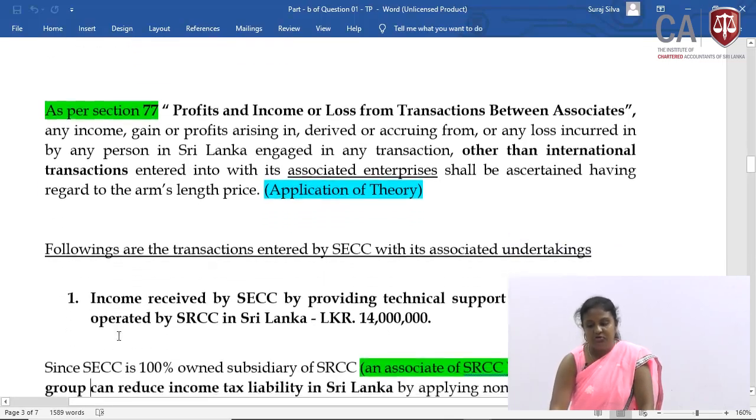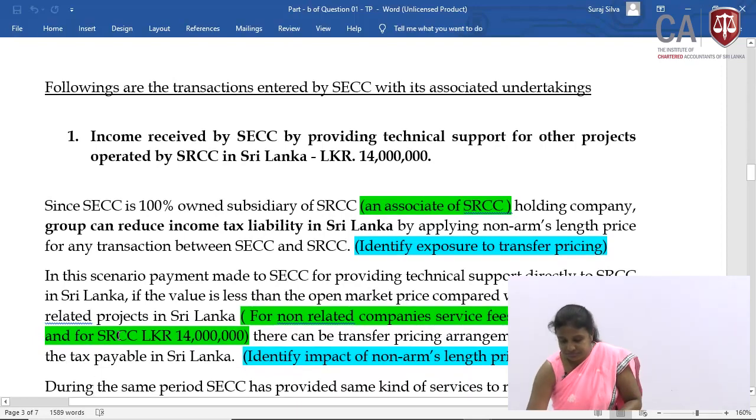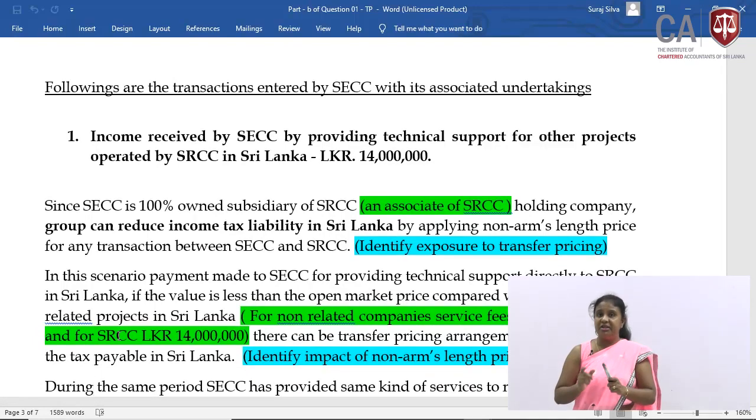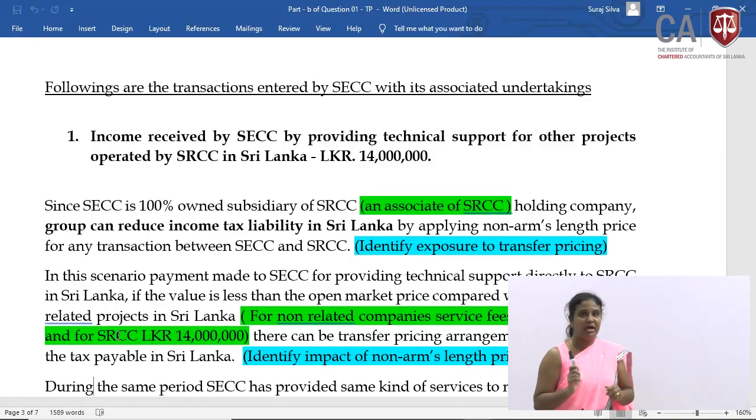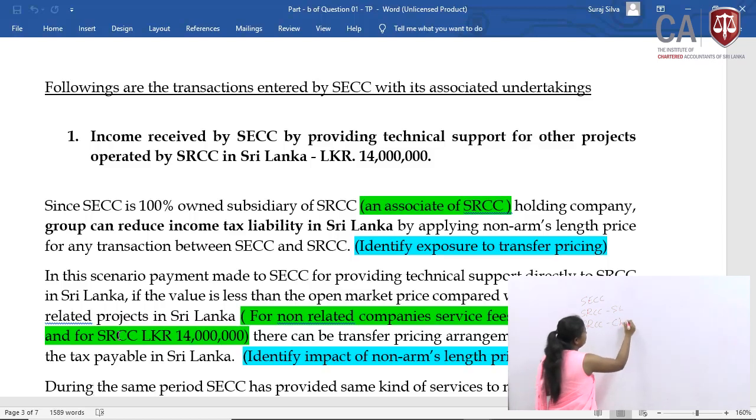Now I am going to identify the transactions between associated undertakings. In the question on non-resident taxation, if you can remember, there is SECC, which is our non-resident person, then SRCC, the registered branch office in Sri Lanka, and SRCC China, which is the holding company.